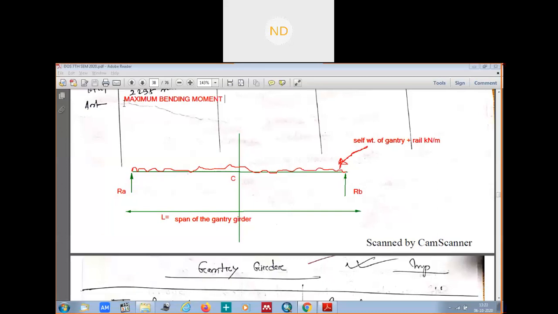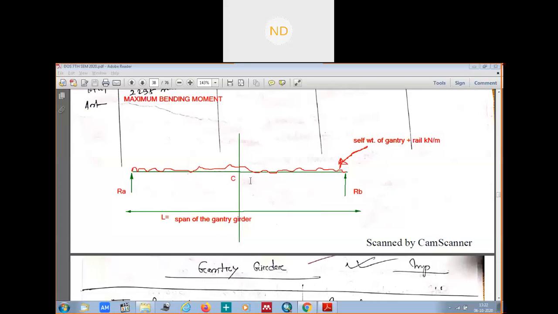So how much is your maximum bending moment, we have to calculate once we figure out where the loads are. You can obviously calculate the maximum bending moment from here, but where we will get our maximum bending moment, once we know the position, then we get the distances and we can calculate our maximum bending moment, right?